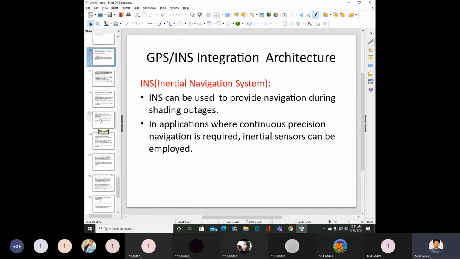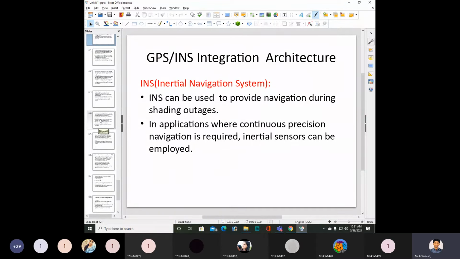Then next, GPS or INS integration architecture. INS stands for Inertial Navigation System.